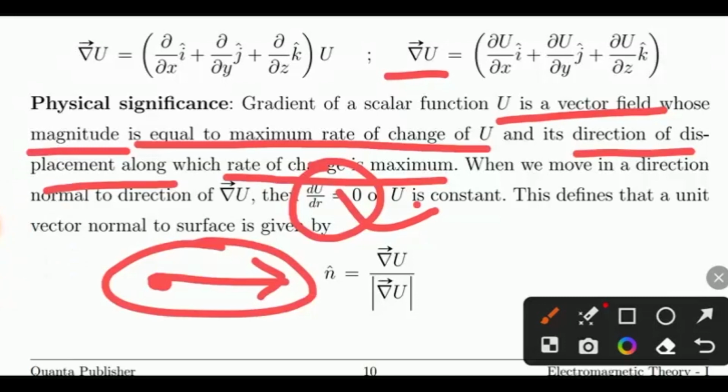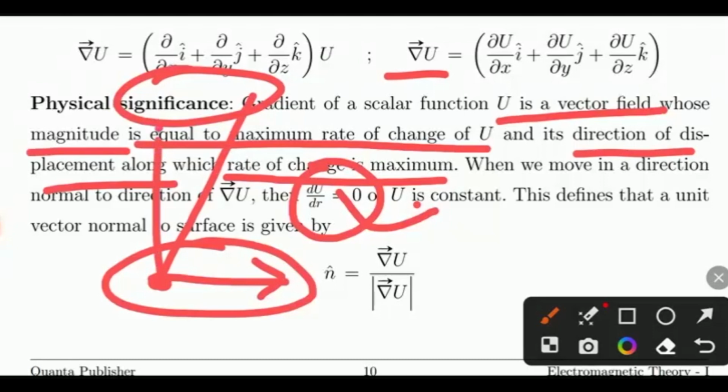And if we choose another surface over here and we move from this surface to this surface, then the maximum rate of change is always perpendicular to the first surface, meaning along the normal unit vector direction. If we travel in this direction, then this scalar function will have the maximum rate of change.